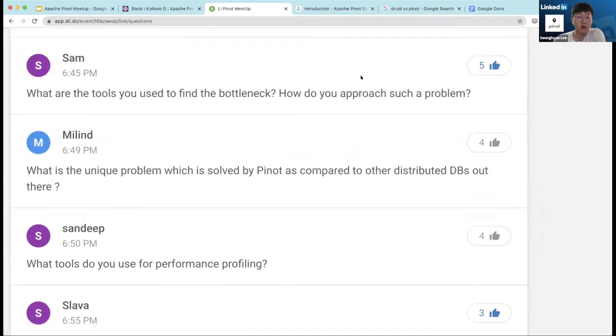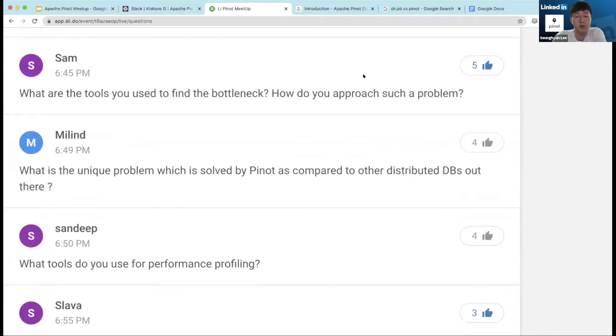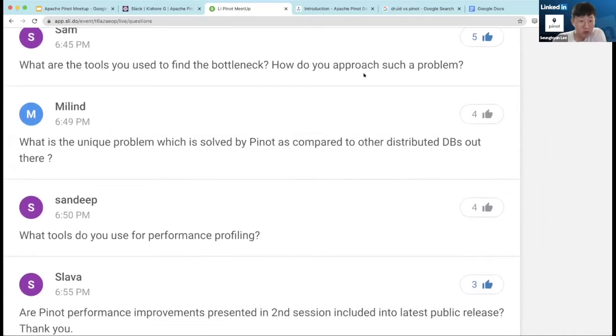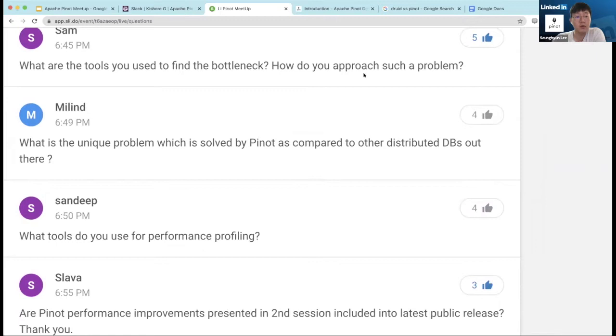I think the second question is, how do I approach such a problem? Whenever I see a performance issue or need to find bottlenecks, I use a framework. I usually use the top-down approach. I first try to find out whether the broker is the bottleneck or the server is the bottleneck.